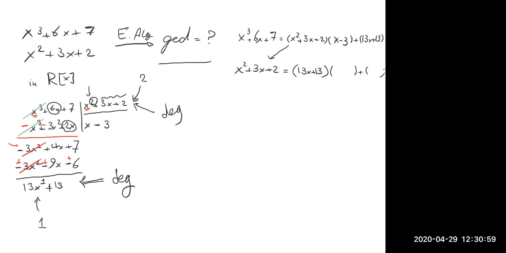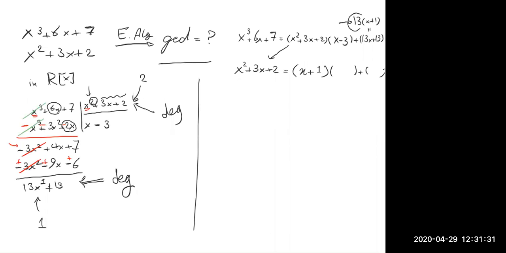So here I have 13x plus 13, just like the previous example. 13x plus 13 is equal to 13 times x plus 1. 13 is an invertible number in R. When it's invertible, we don't really need to write that in the next stage. So I can simplify this to just write x plus 1. Still, if you write 13x plus 13, it would work, but it would be easier to write x plus 1.